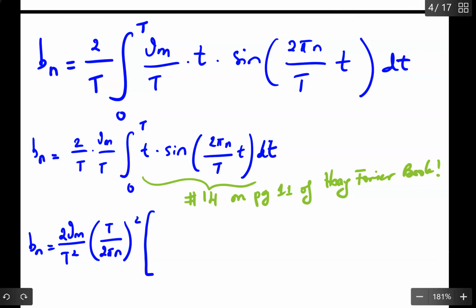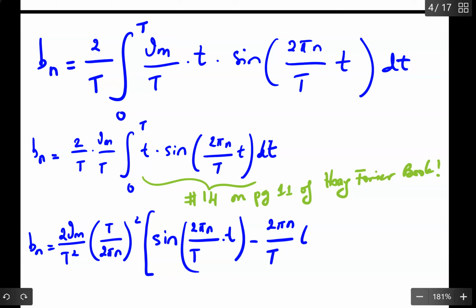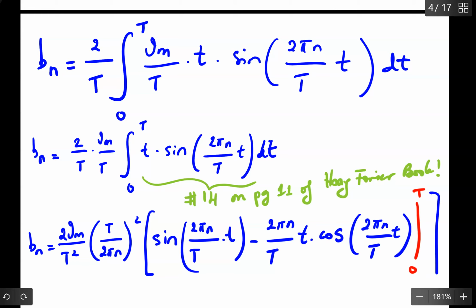And then I have sine of 2 pi n over T times T in this case, and subtract it with 2 pi n over T cos of 2 pi n over the period of T. Close this bracket, and everything will have to be evaluated from 0 to T, and I close the bracket.